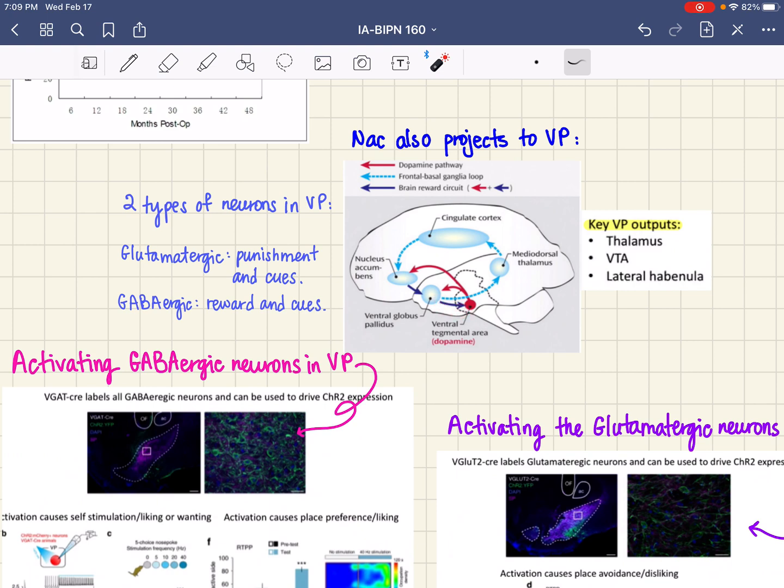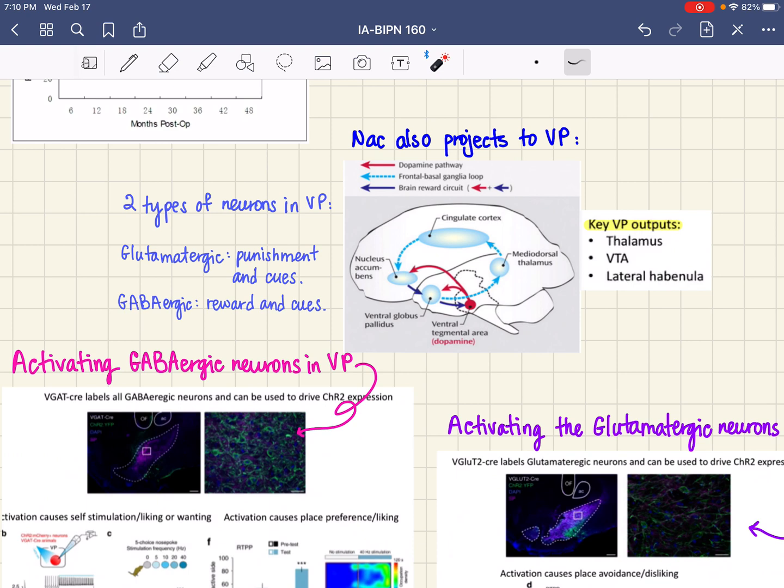And the important types of neurons here are the two types of neurons that again respond to either positive or negative stimuli.